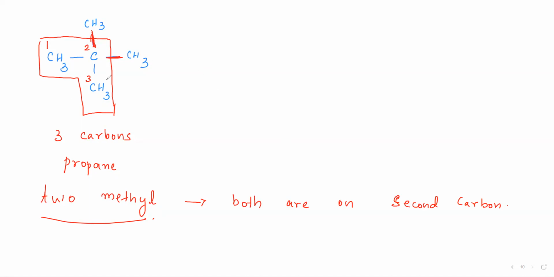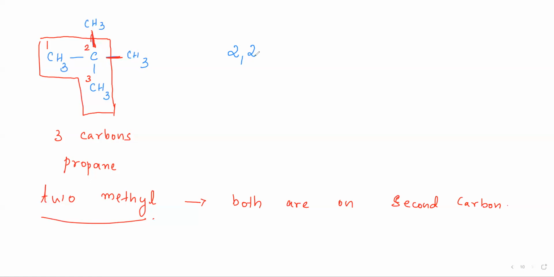Therefore, when I name them, I will have to first write the position of the methyl group. One is present on the second position, comma. The second methyl group is also present on the second position itself. Two times I will have to write 2. 2, comma 2. First methyl is on the second position.